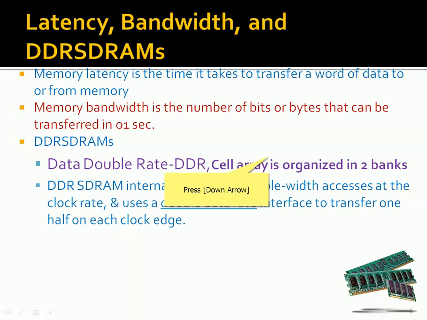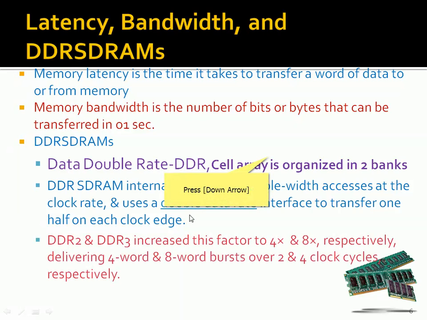As I said, the rising edge is a half clock pulse and the falling edge is a half clock pulse. So together rising and falling constitute the single clock. So in a single clock, 2 times the data will be transferred. That is a double, so double data rate will be there in a DRAM cell, right?